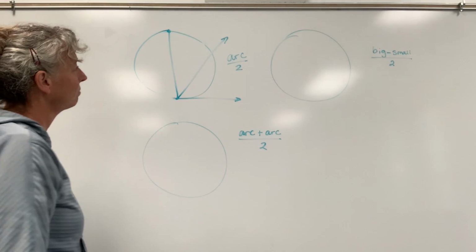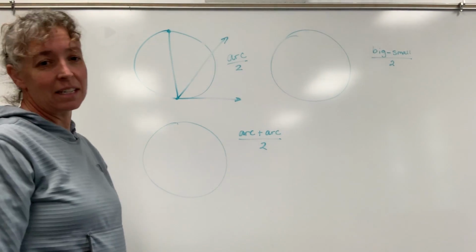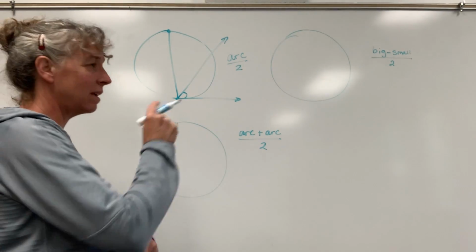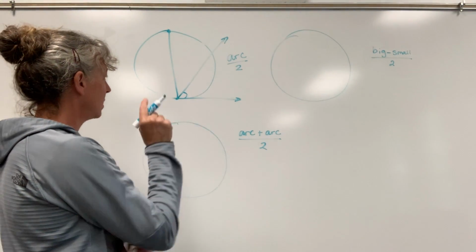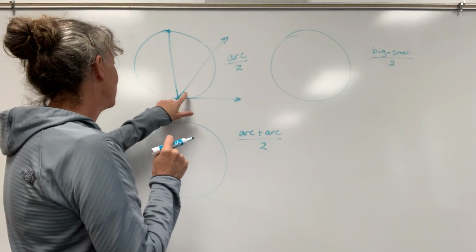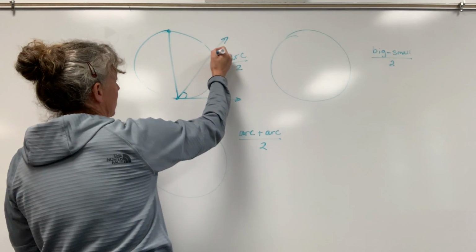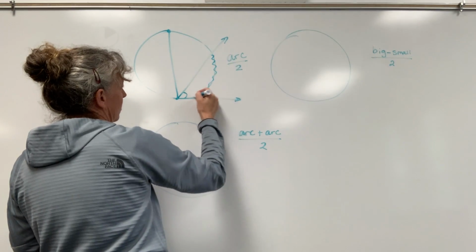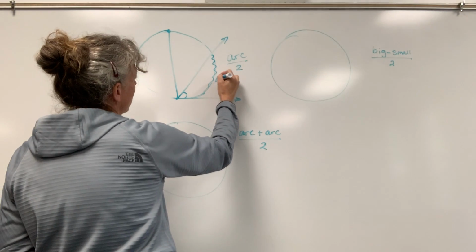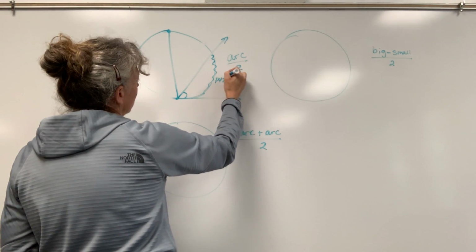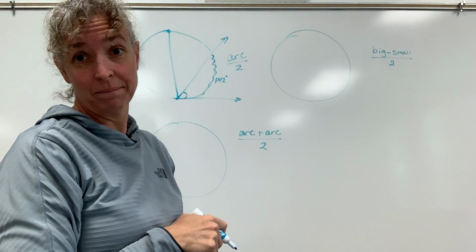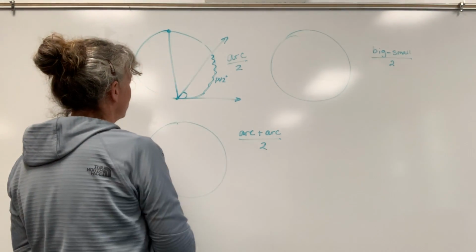If I need to find the measurement of an angle like this one, when you have a tangent and a secant, the angle measure is half of whatever this arc is, so arc divided by 2. In example 1, the arc is 142 degrees, so the angle is half of that, which is 71.